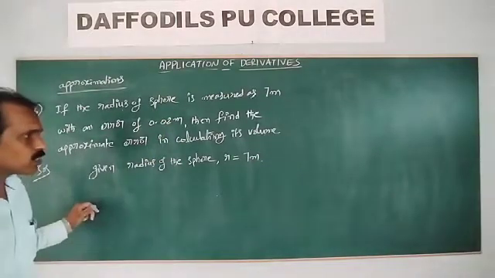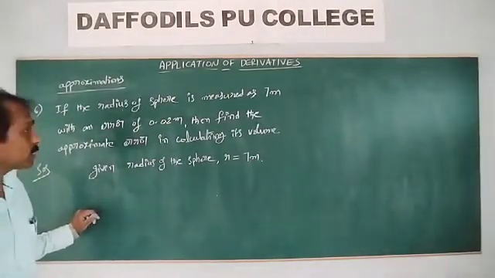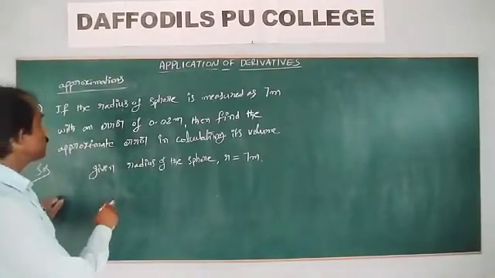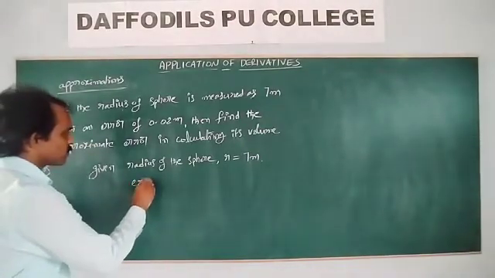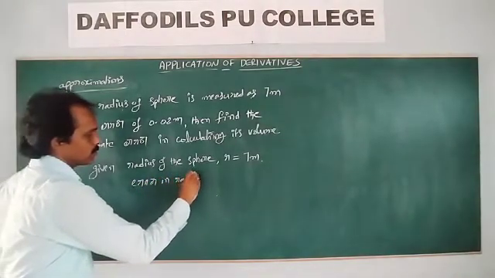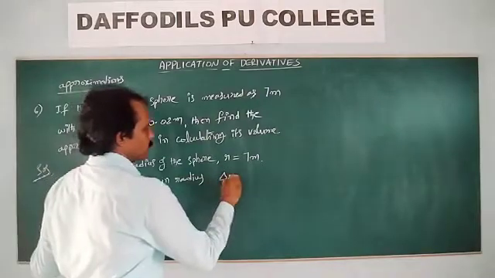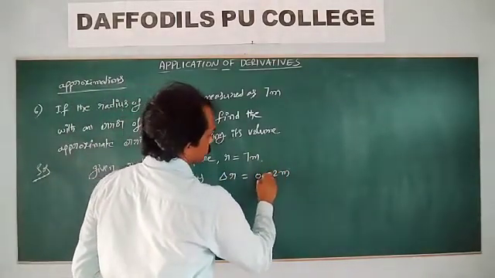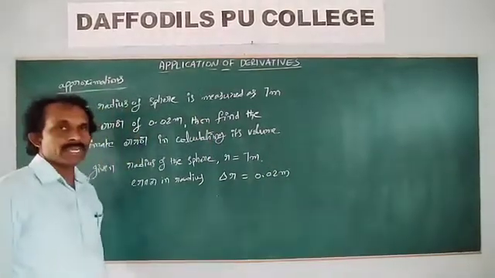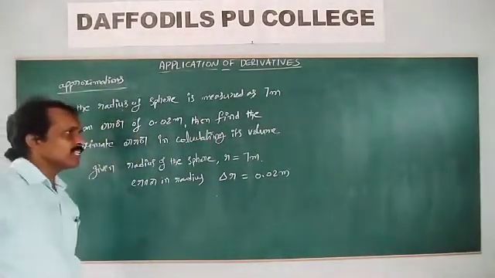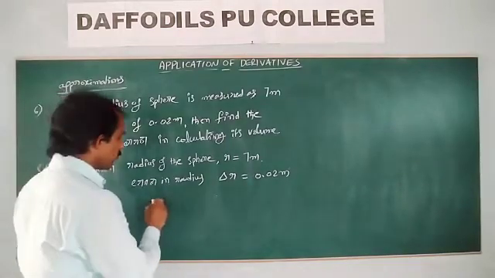Error means change in radius, delta r is equal to 0.02 meters.